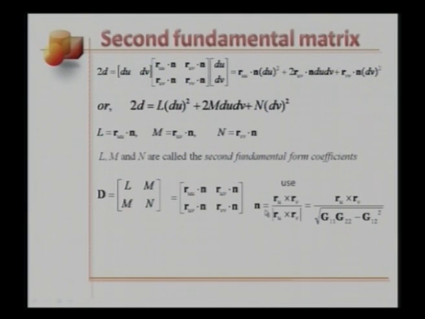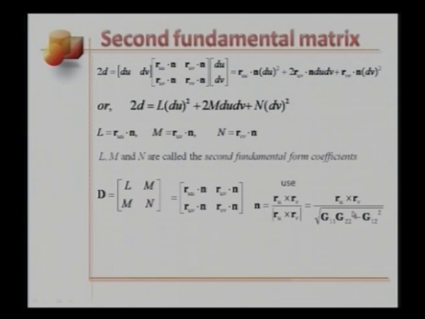The unit normal is the cross product between r sub u and r sub v over the absolute value of this numerator here, which is equal to r_u crossed with r_v over the square root of the determinant of the first fundamental matrix, G11 G22 minus G12 squared.